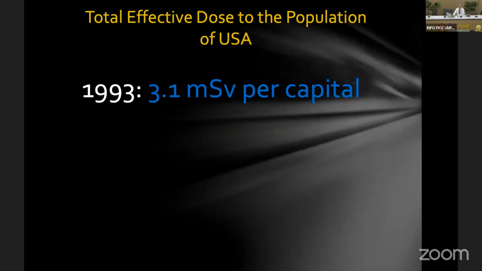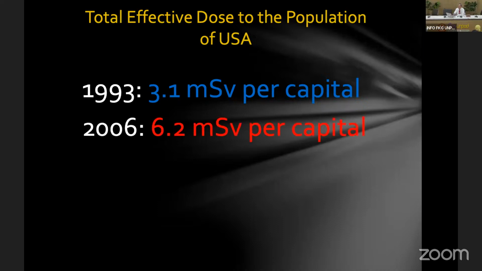Looking at the data in the United States, in 1993 the average radiation dose received per person was 3.1 millisievert. But in 2006, 13 years later, each person's received radiation dose had doubled.